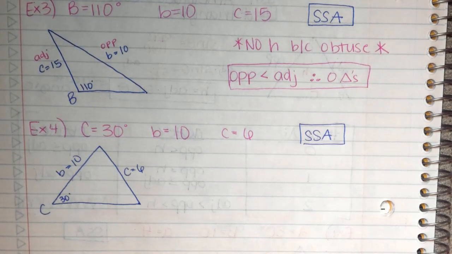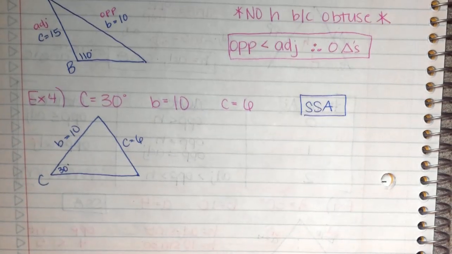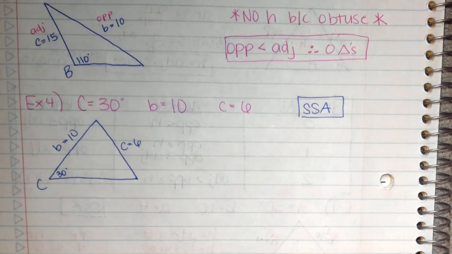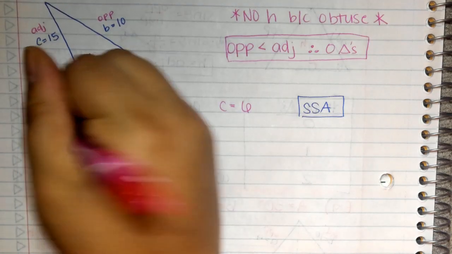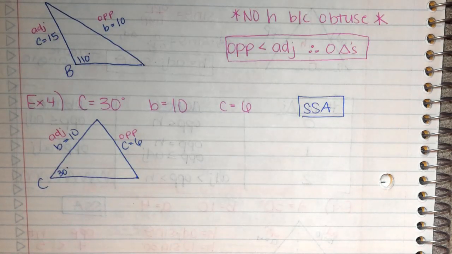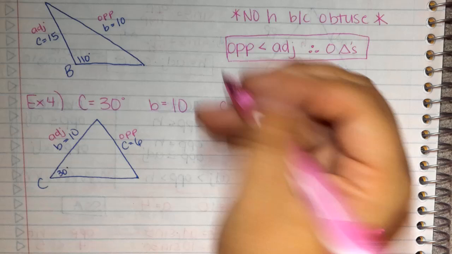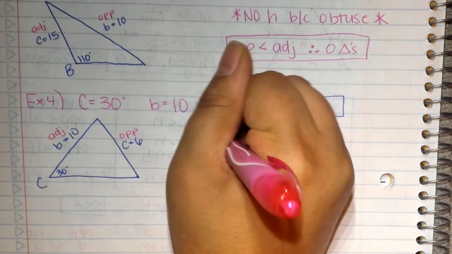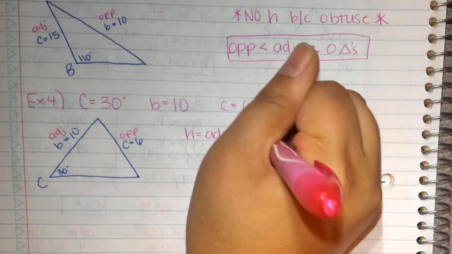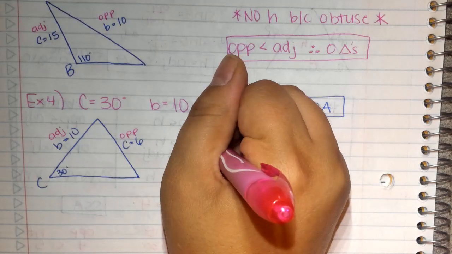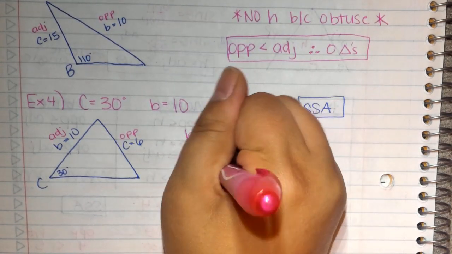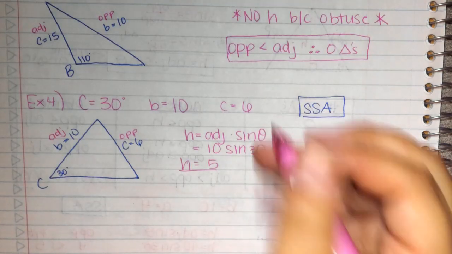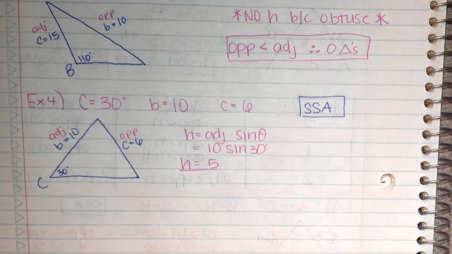Do y'all agree this is side-side angle? All right, what am I going to do now? Label the opposite and adjacent. And as I'm labeling, I'm going to think, is my opposite bigger than my adjacent? Nope, so I have to do the height. Again, we're dealing with the same numbers, so my height is 5.